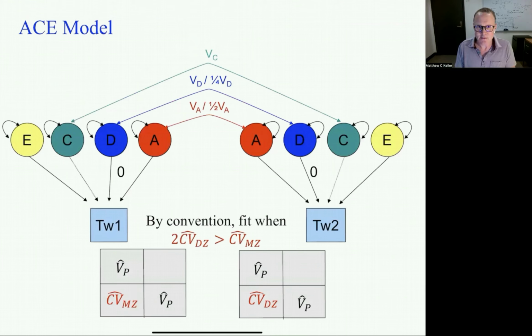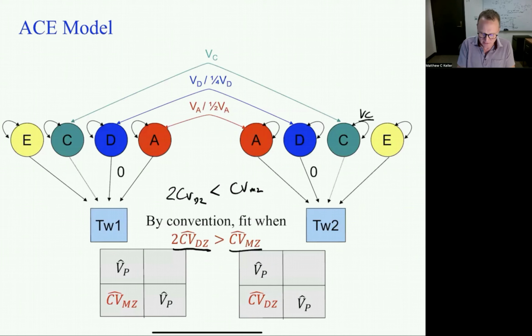So in the ACE model, we're going to fit the ACE model by convention whenever twice the covariance of the DZ twins is greater than the covariance of the MZ twins. 2 times the covariance of DZs is greater than covariance of MZs. This makes some sense because if we tried to fit an ACE model when, say, 2 CVDZ was less than CVMZ, that would necessarily imply that the estimate that we're getting of VC would be negative.